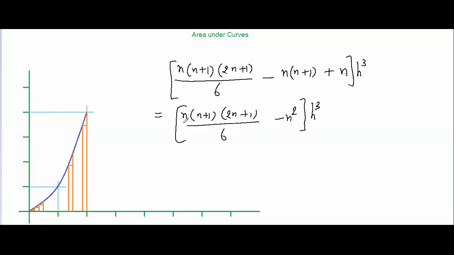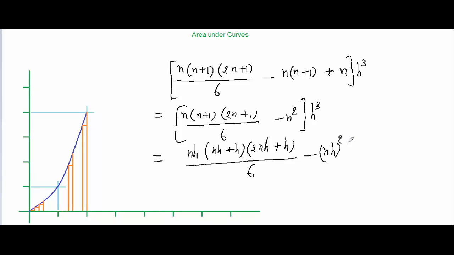I multiply h cube inside. What I do, I multiply 1 h here, 1 h inside this bracket, 1 h inside this bracket. And here n square into h cube I write as nh square into h.